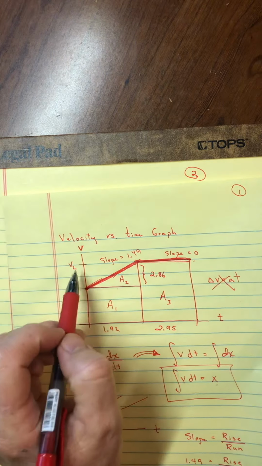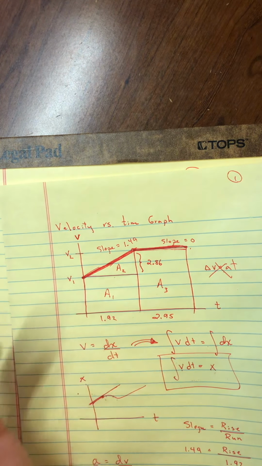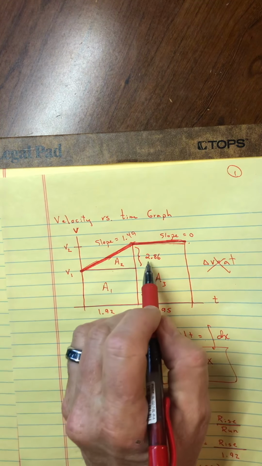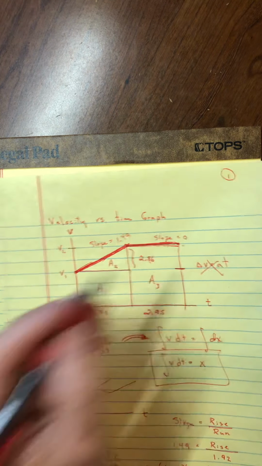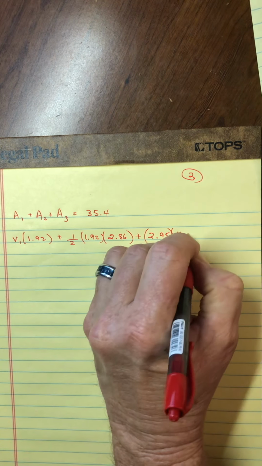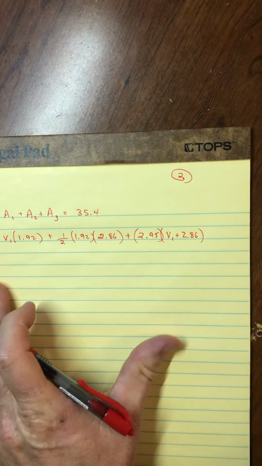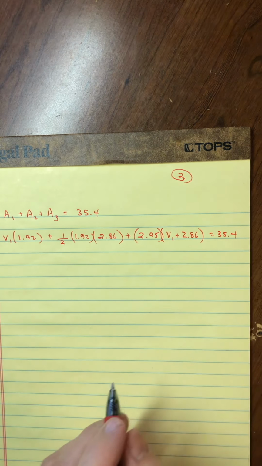Now, let me not call it V2, although that would work just fine. But I don't want to introduce a second unknown because we really want one unknown in one equation. And we already said this was 2.86 higher. So its height would actually be V1 plus 2.86. And that's going to equal the 35.4.